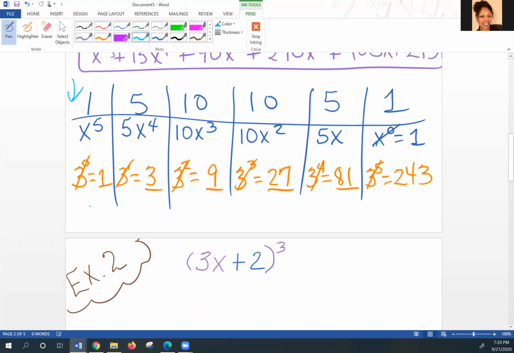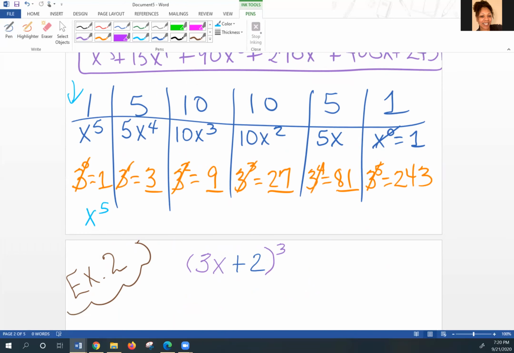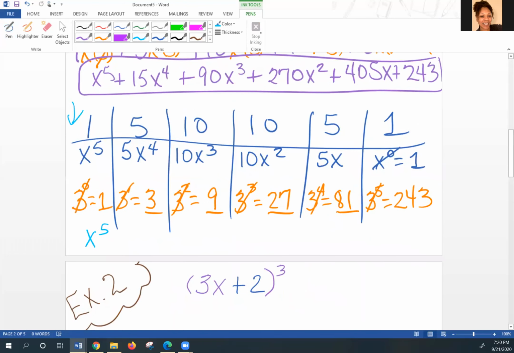So x to the 5th times 1 is simply x to the 5th. Hold on, so you can see it's going to be the same answer. 5 times 3 is 15. Remember, this is a plus sign, so 15, and then bring down that variable, x to the 4th. 10 times 9 is 90, x to the 3rd. 10 times 27 is 270, and then bring down that variable. 81 times 5 is 405x.